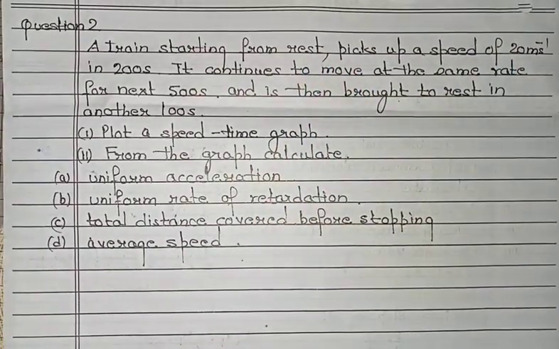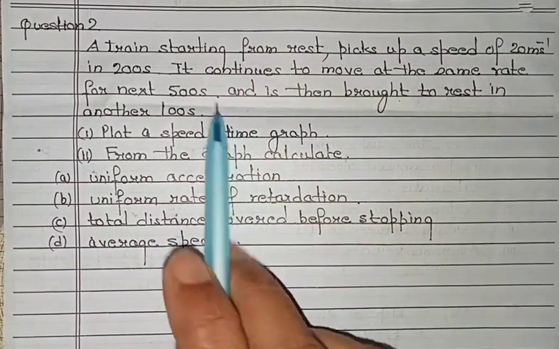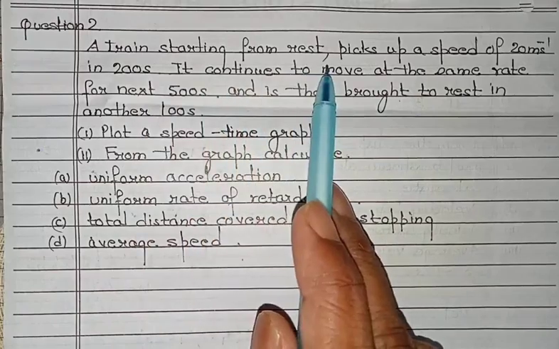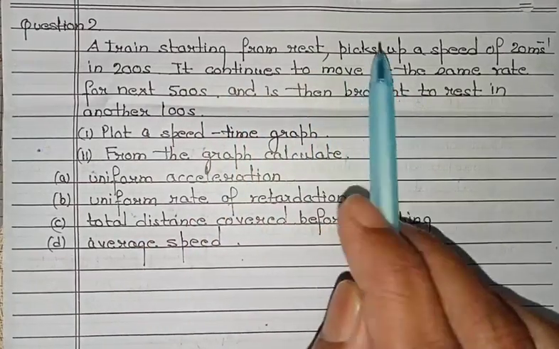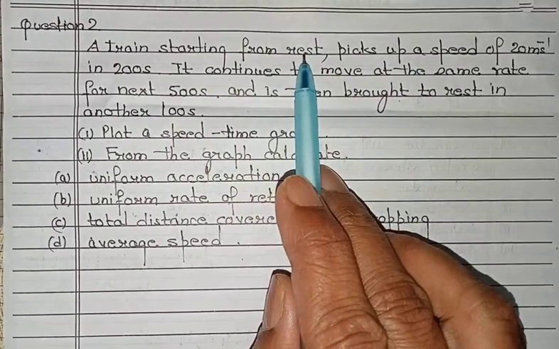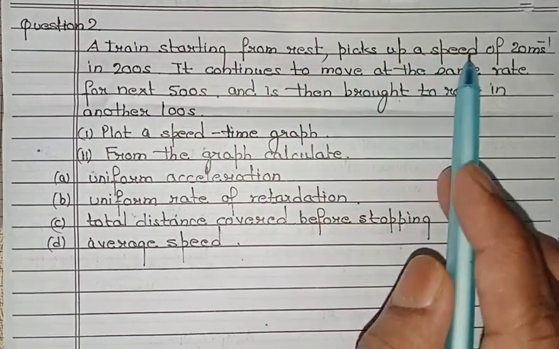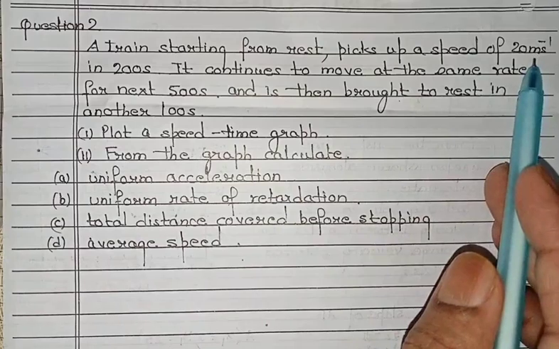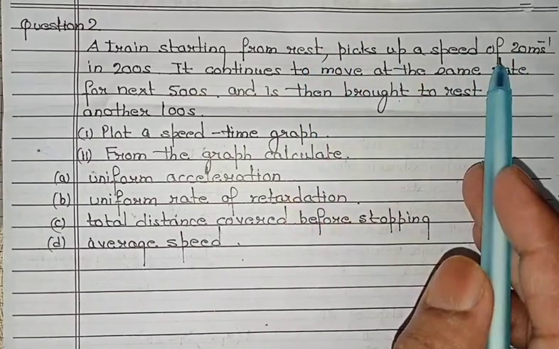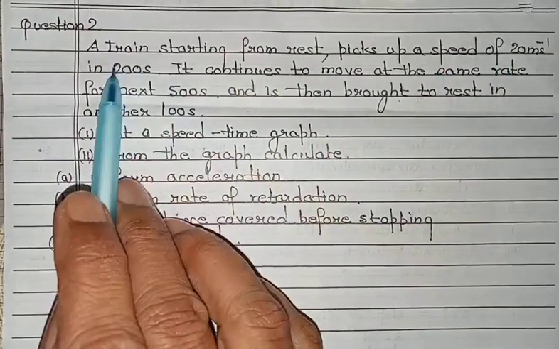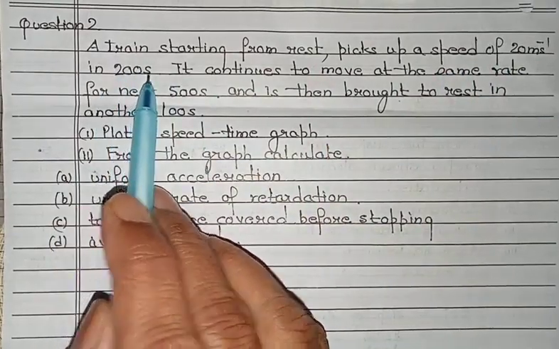So initially there is an accelerated motion, right? Body is starting from rest and reaching a speed of 20 meter per second. So speed is increasing, so that means there is an acceleration in the first 200 seconds.